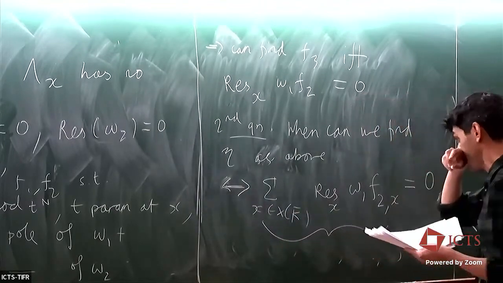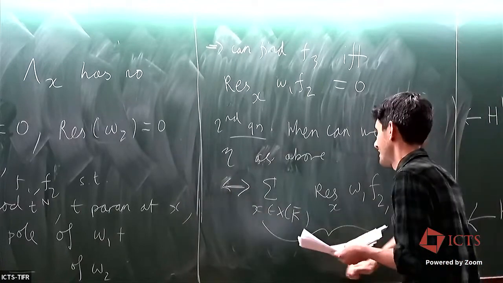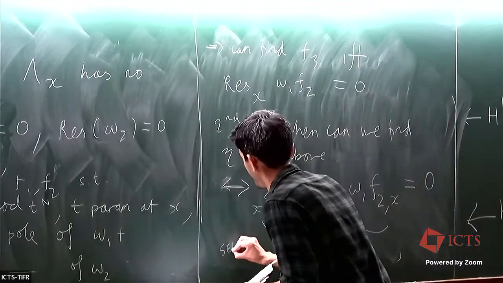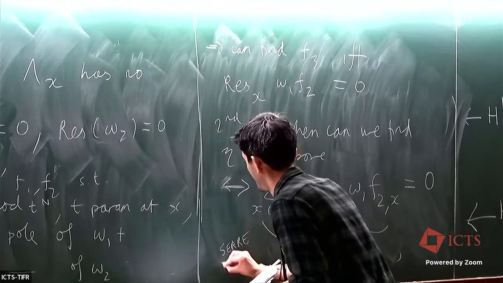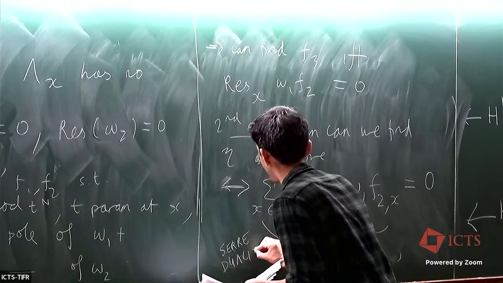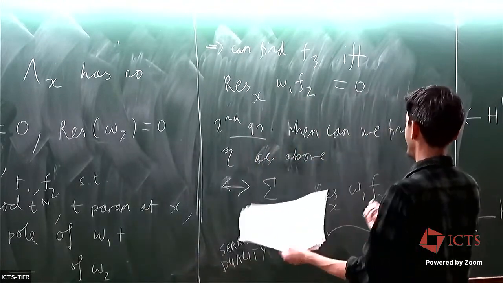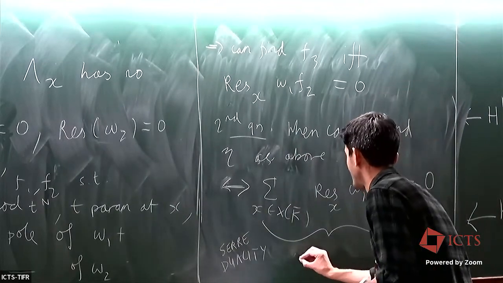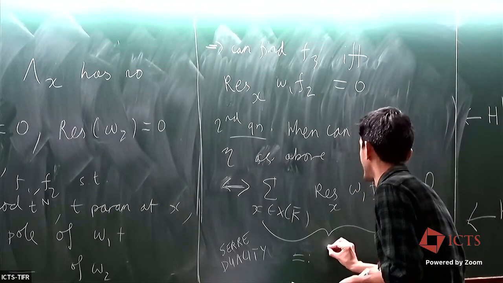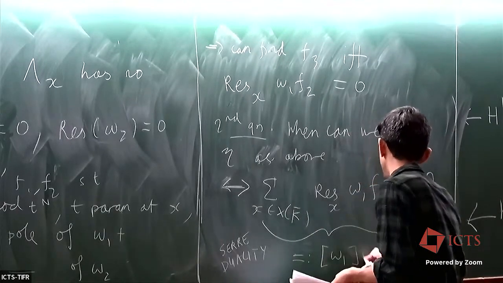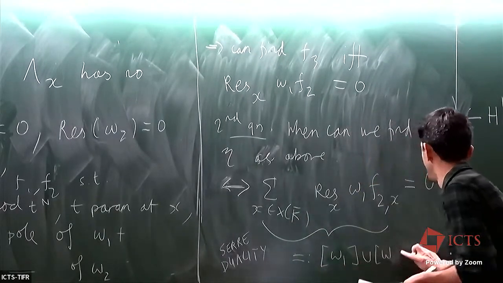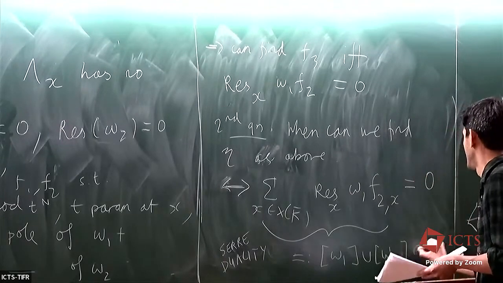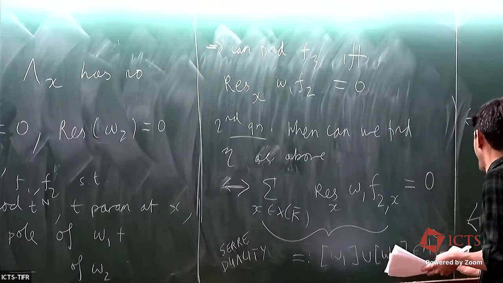This is by Serre duality. It turns out you can show that this is a very nice way of defining the cup product in de Rham cohomology on a curve. So this is, almost by definition, the cup product of omega 1 with omega 2 in H2 de Rham.